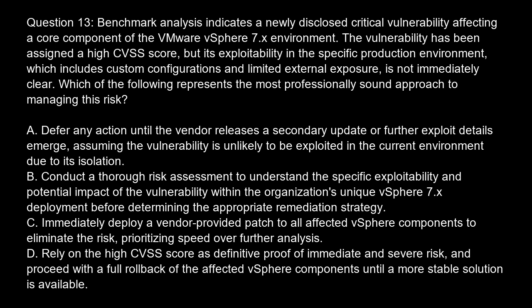Option C. Immediately deploy a vendor-provided patch to all affected vSphere components to eliminate the risk, prioritizing speed over further analysis. Option D. Rely on the high CVSS score as definitive proof of immediate and severe risk, and proceed with a full rollback of the affected vSphere components until a more stable solution is available.